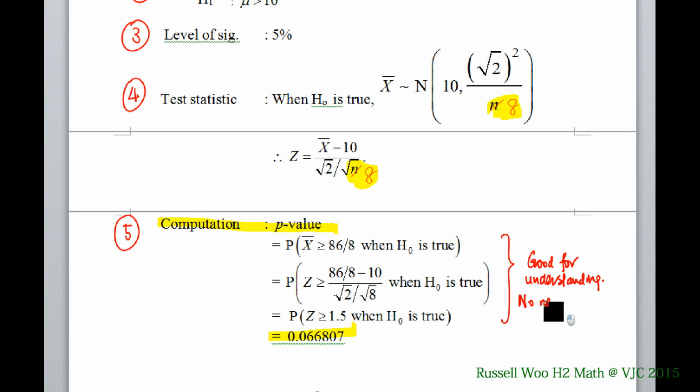No need to present. Follow. You should be able to get this value 0.066807 by GC. A bit too noisy, thank you. I know it's printed for you. You want to talk, you just go to the GC and make sure you can get this value.